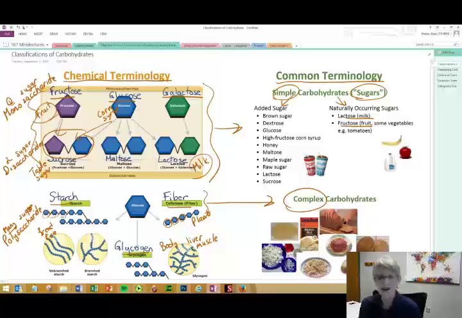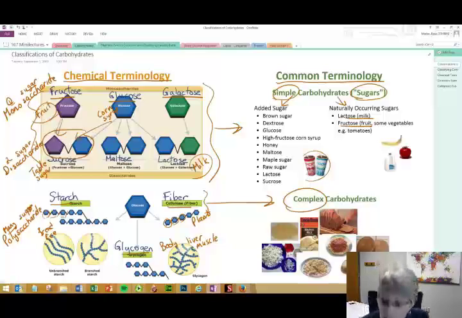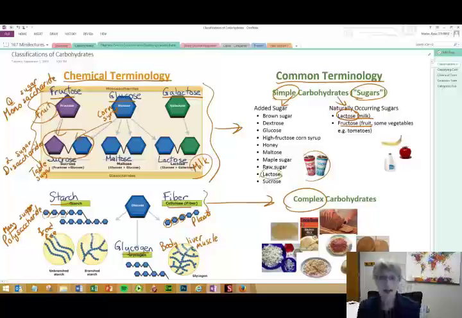But if you add it to food, such as in making soda pop, that would be considered added sugar. Now, it's interesting to note that the same molecule can be considered naturally occurring in one food, but an added sugar in another. For example, here we have lactose in milk, and it's a naturally occurring sugar. But we would also see lactose over here on the list of added sugars.